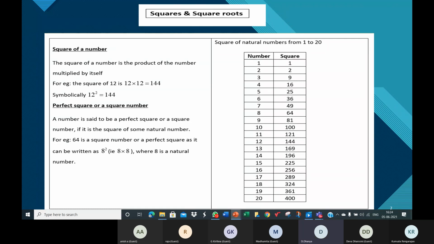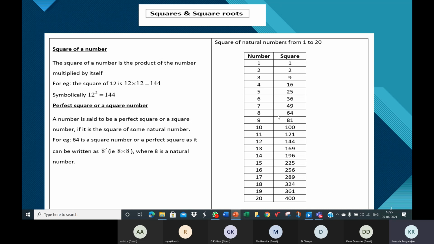Yes, ma'am, 25 squared. Yes, 25 squared is 625. So 625 can be written as a square of 25, and so 625 is a perfect square.